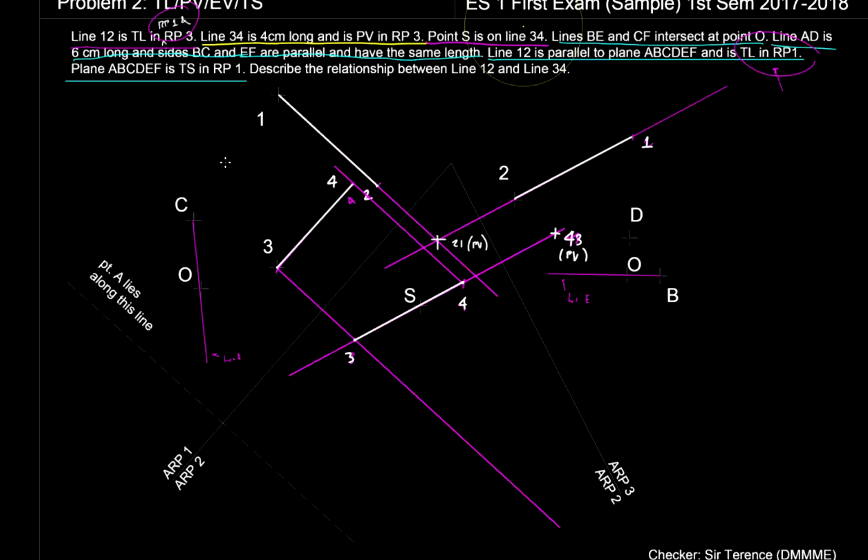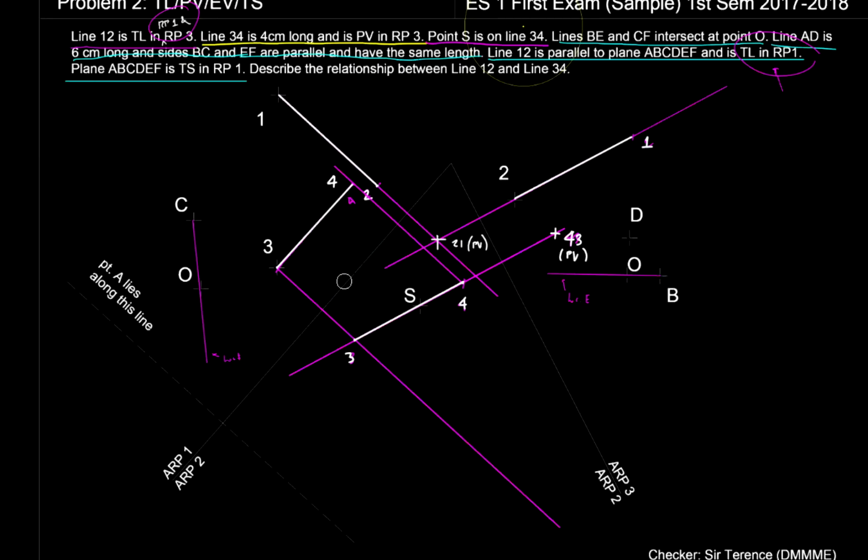So sabi kasi dito is ABCDEF is true size in RP1. Therefore, dito naka edge view siya and parallel to this plane, parallel to this folding line here.